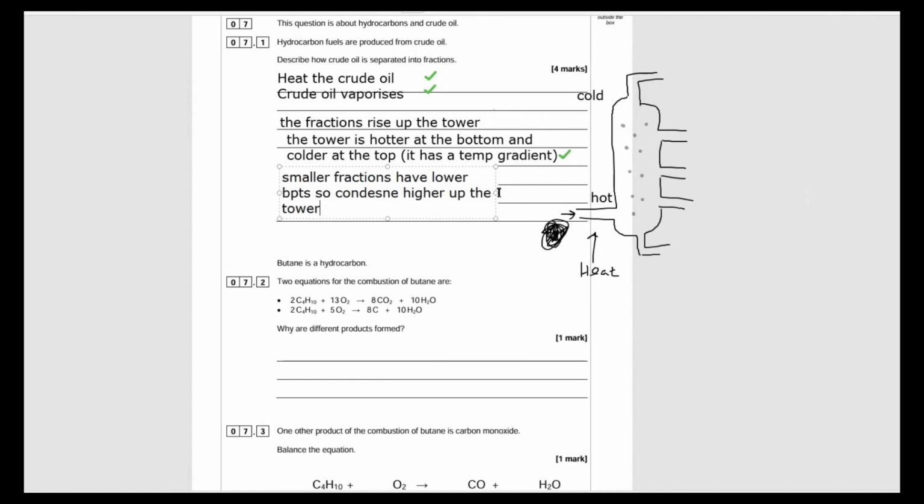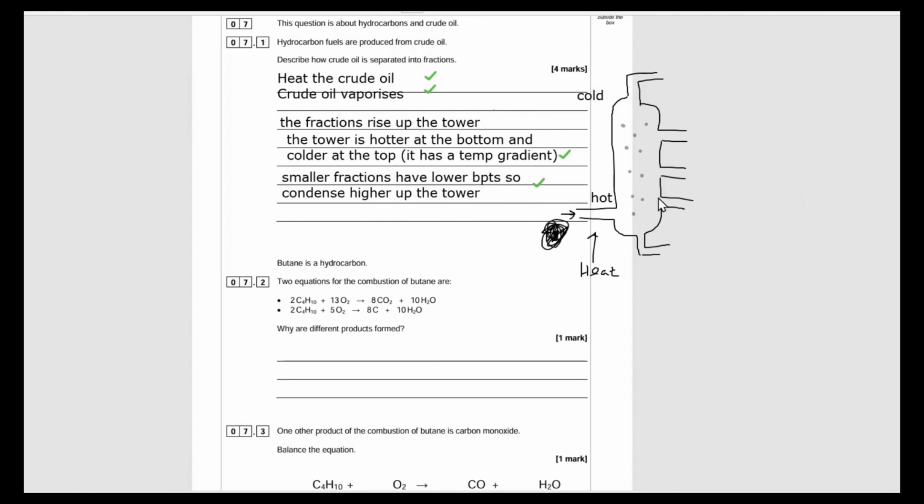Now, I could have said larger fractions. I could say, oh my days, my spelling is pea poor. What do I mean by pea poor? Well, you can work it out. So smaller fractions have lower boiling points, so condense higher up the tower. There we go. Now, I could have said larger fractions have higher boiling points and condense lower down the tower.